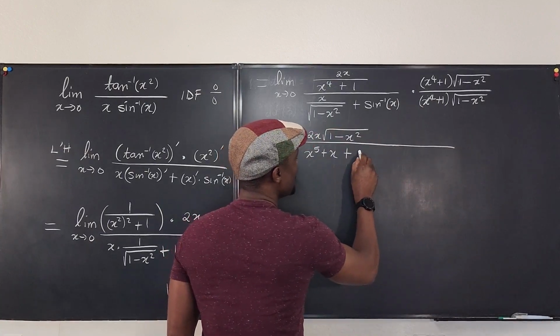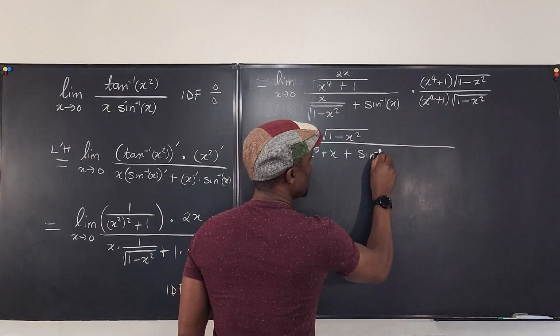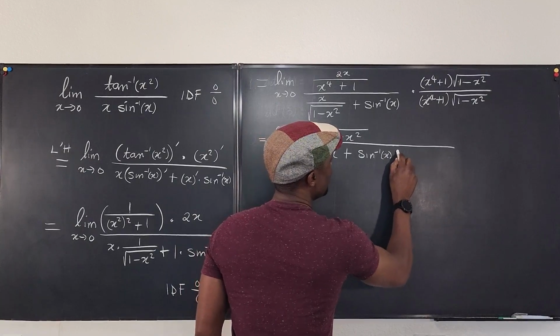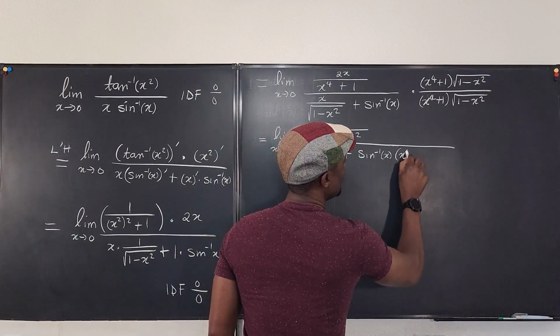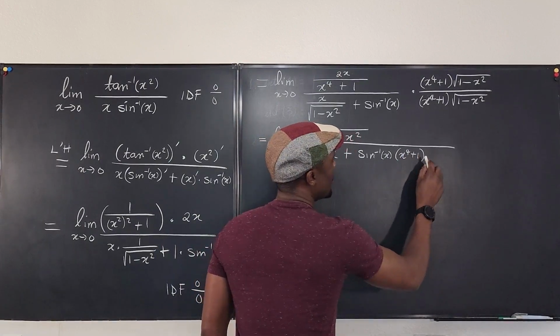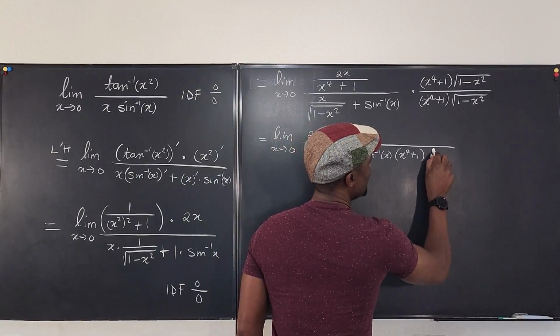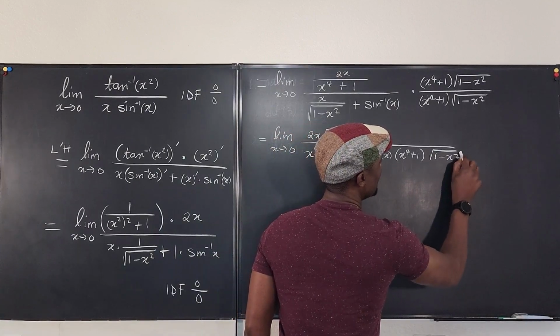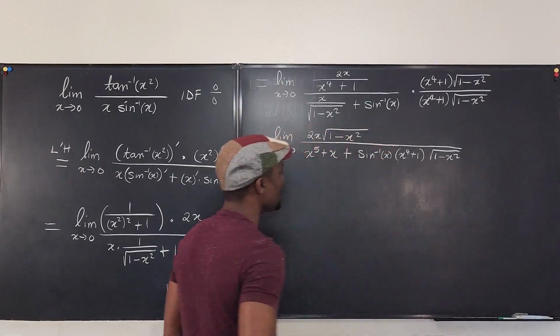Okay, so this is going to be plus arcsin of x multiplied by x to the fourth plus 1 multiplied by the square root of 1 minus x squared. So everything is still here.